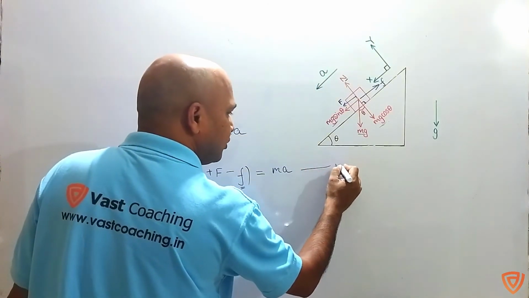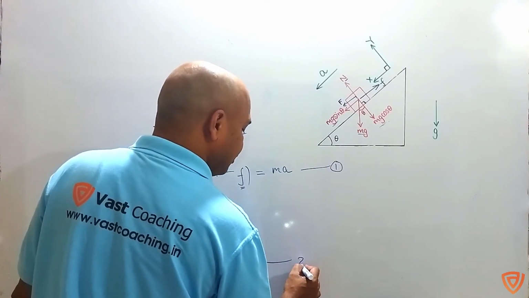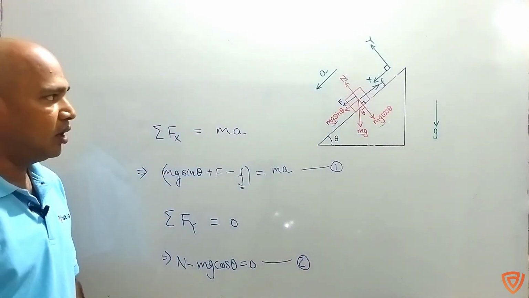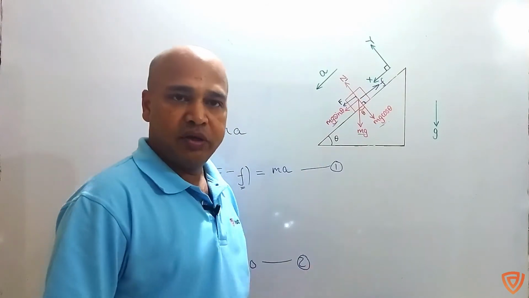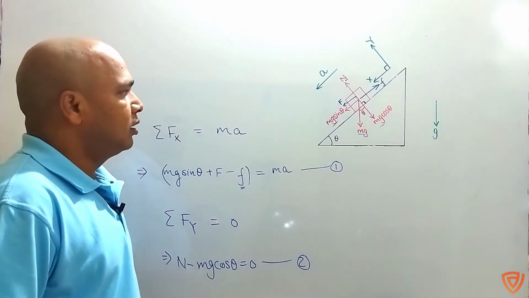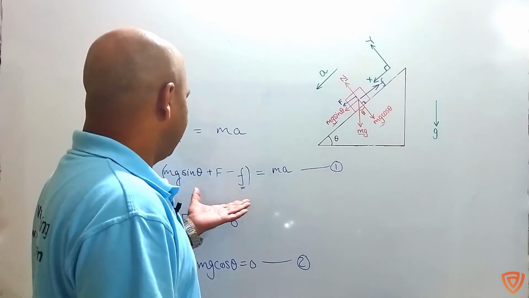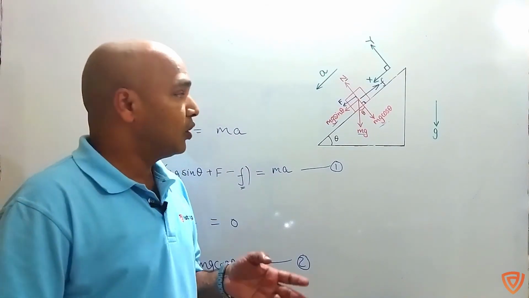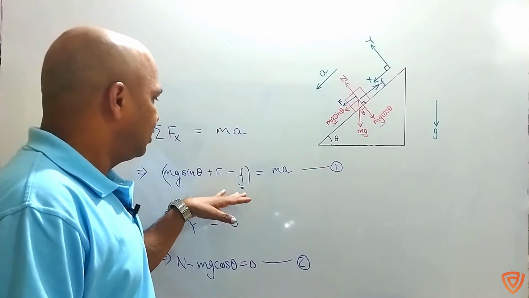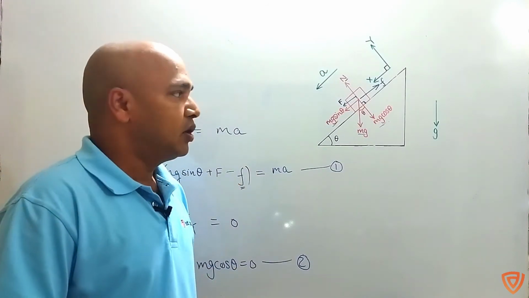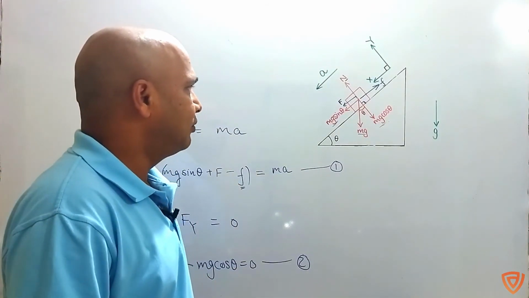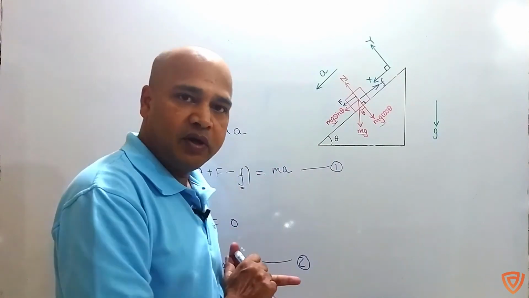This is your first equation, this is your second equation. So this is how we draw the free body diagram, and after drawing it, we resolve the force vectors accordingly and find the required parameters. I hope this is clear, very much straightforward.